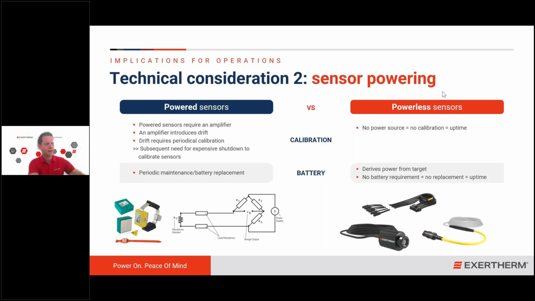Some of the solutions out there come powered, for example, PT100 sensors or other similarly laid out technologies, where they need a current passing through in order to measure the temperature in the first place, and require an amplifier. And whenever there's an amplifier, you're introducing drift. Whenever there's drift, there will be the need for calibration over time.